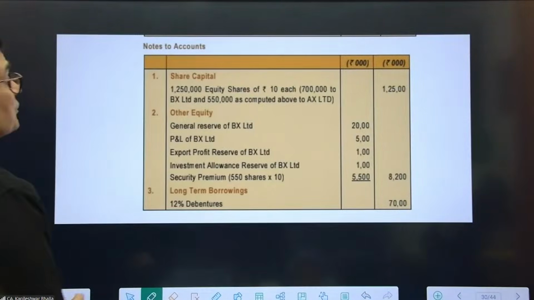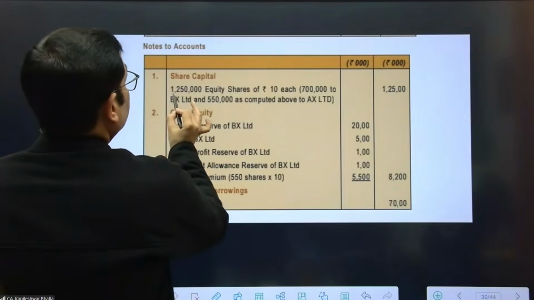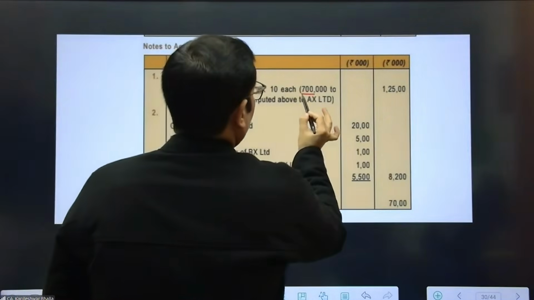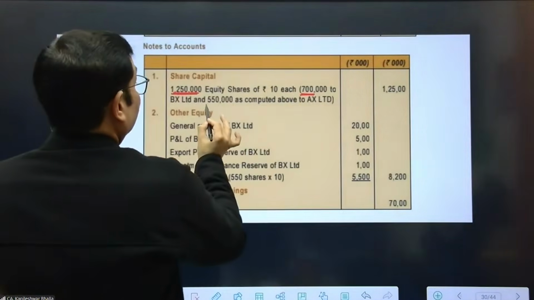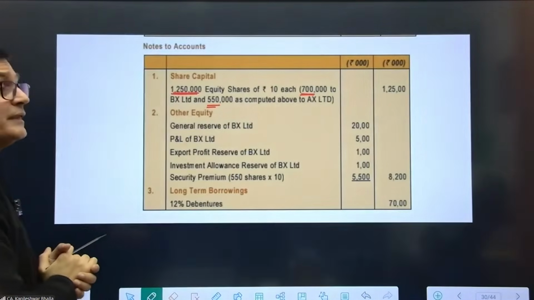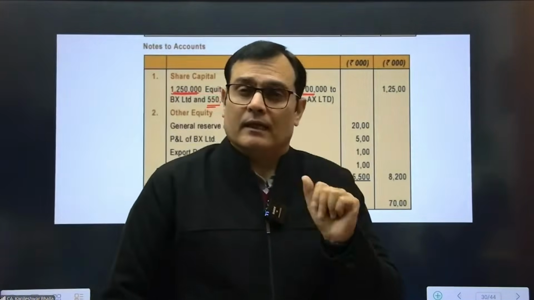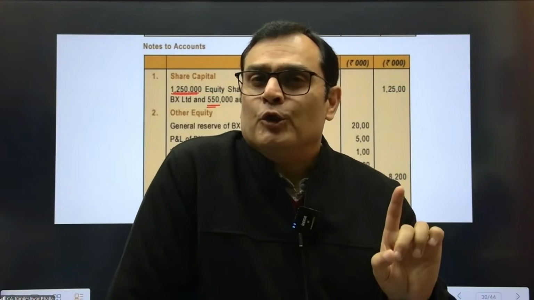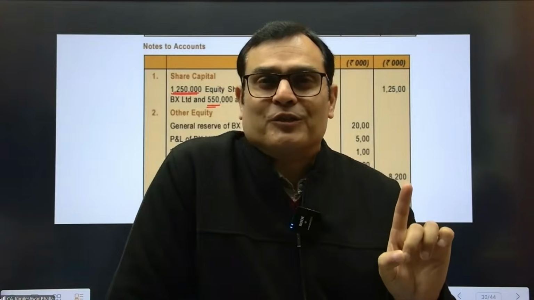Now watch this carefully as we look into the details. First of all, you can see the number is appearing at 1250: 700 shares of BX and another 550 shares, which are computed to be given to AX. Earlier, when we were taking the balance sheet in case of reverse acquisition, no new entity was created. In this particular case, a new entity is created.